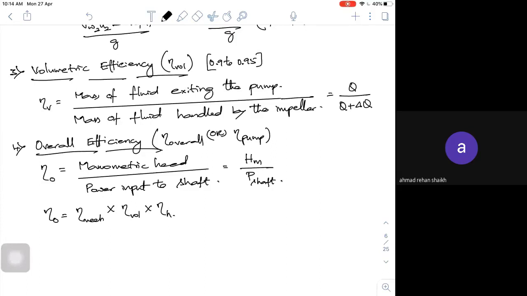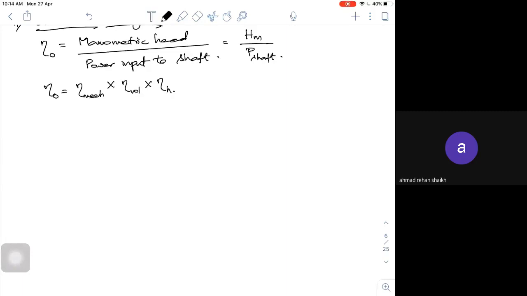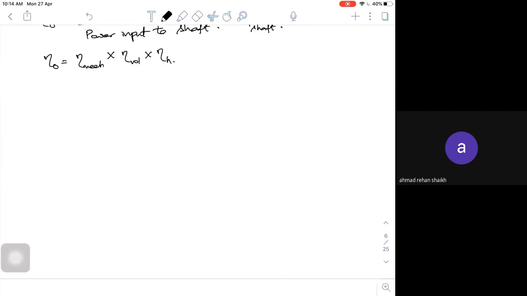Already we have seen in unit 2 the effect of beta 2 with respect to power absorbing machines. So that is called analysis of centrifugal pump.